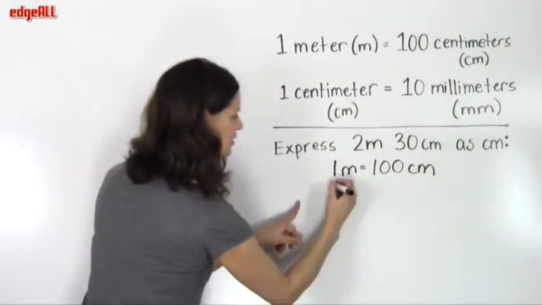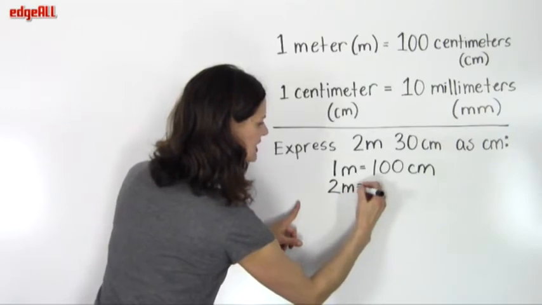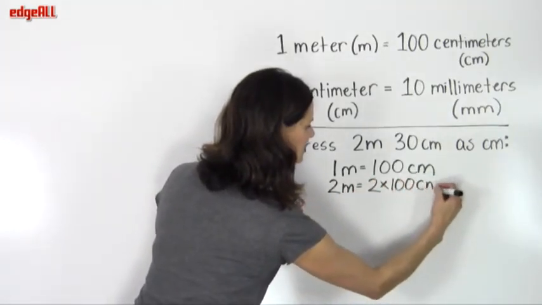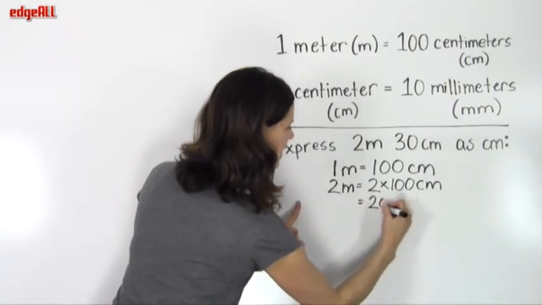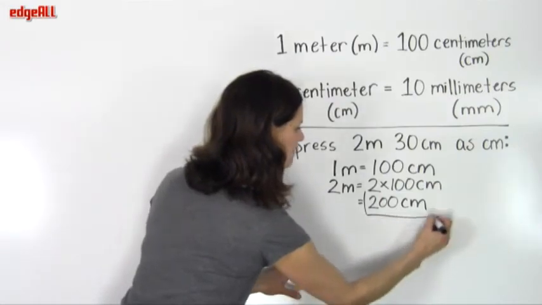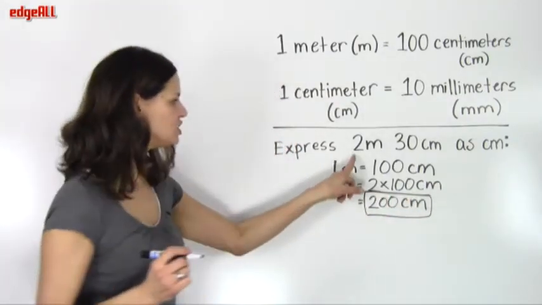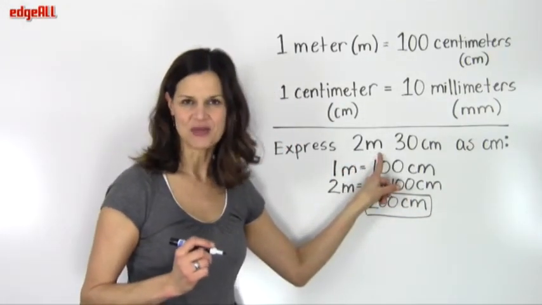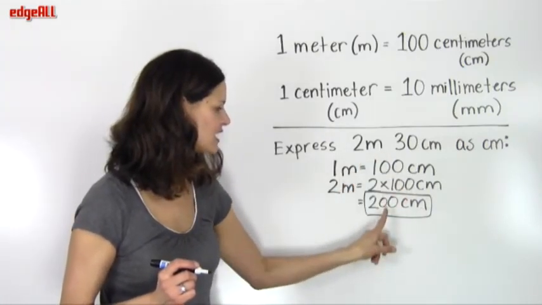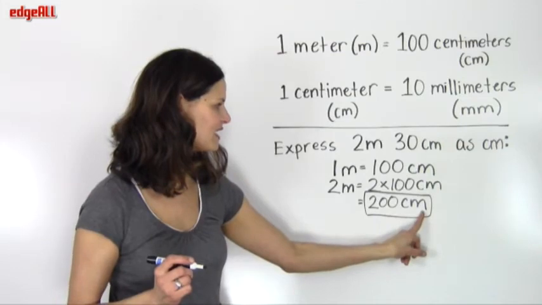So 2 meters is equal to 2 times 100 centimeters, or 200 centimeters. So we now have the 2 meters of our measurement converted to centimeters. 2 meters is equal to 200 centimeters.